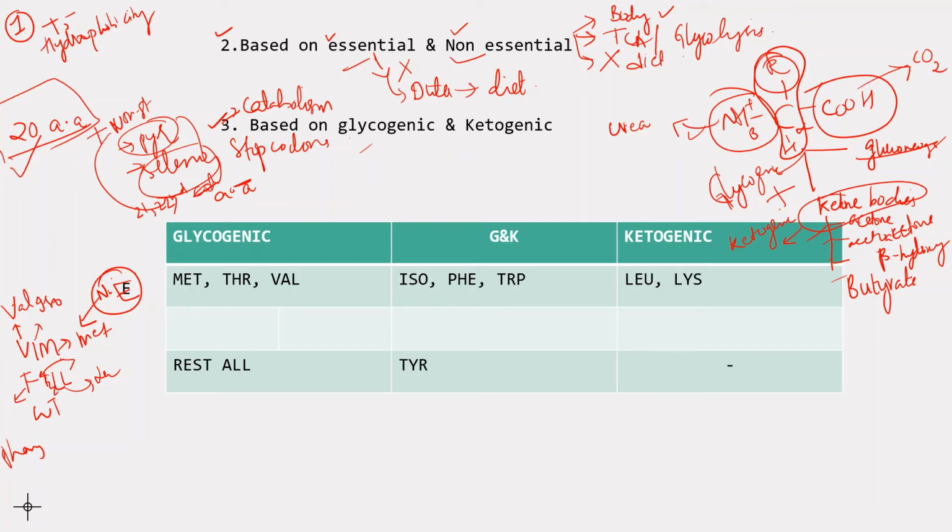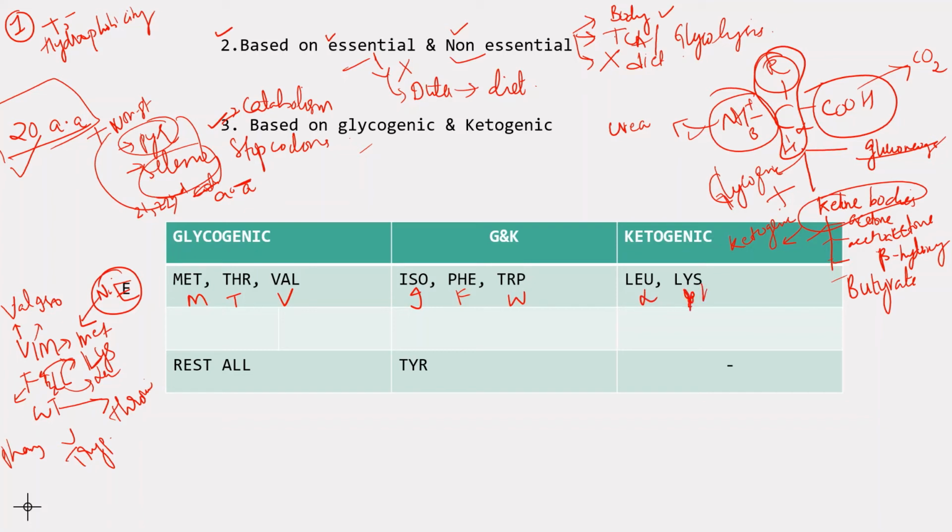So F is phenylalanine, L is leucine, the other L is lysine, LYS, lysine, and the W is tryptophan, and the T is threonine. So methionine, threonine, valine, isoleucine, phenylalanine, tryptophan, leucine, and lysine.